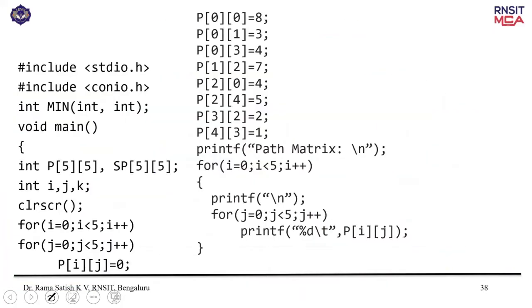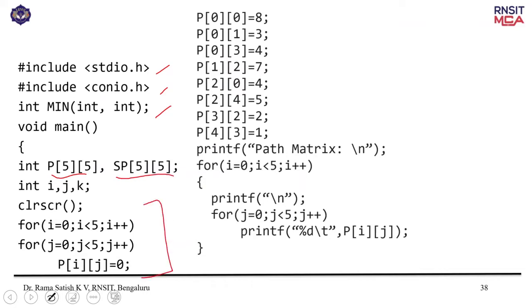Same thing, I have written it as a program. You see, I have included conio.h, stdio.h, and a min function just to find the minimum of 2 numbers. Now, I use P of phi comma phi. This is the path matrix, the shortest path matrix.